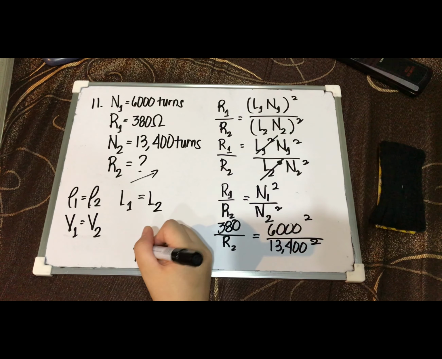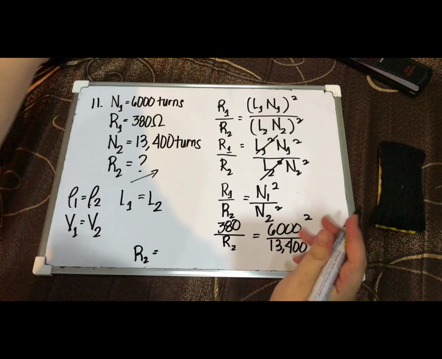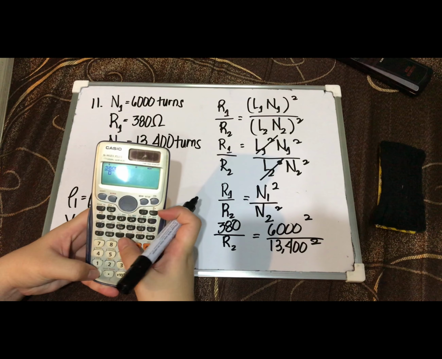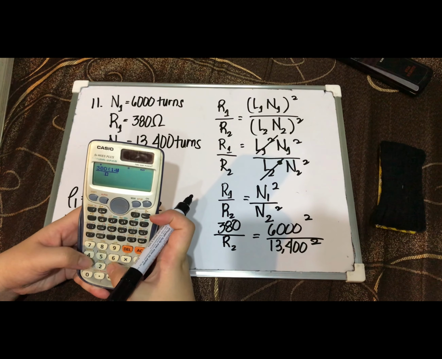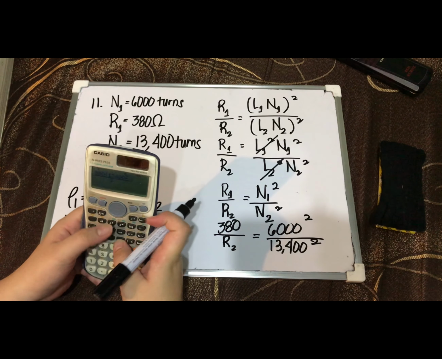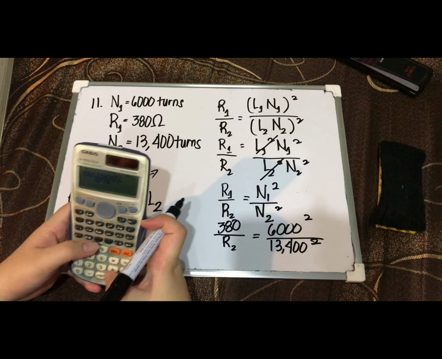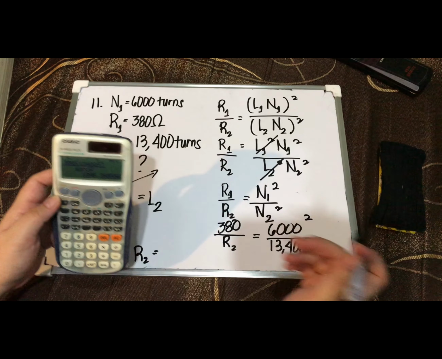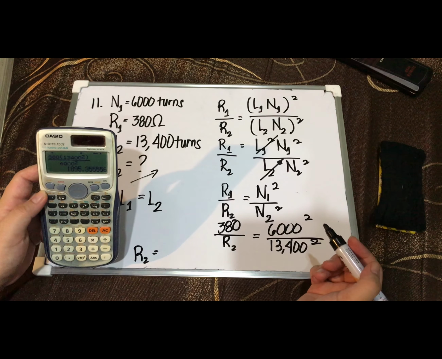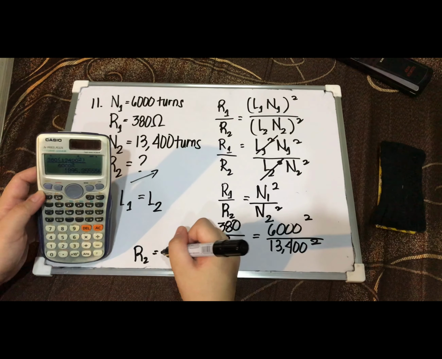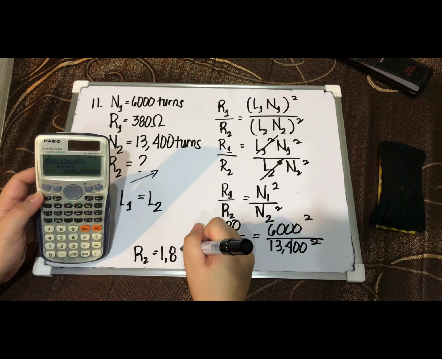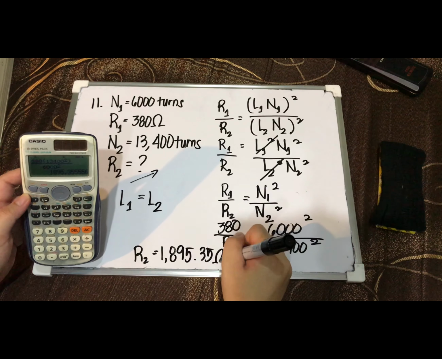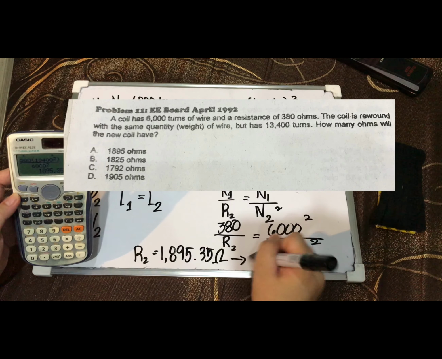Makukuha natin ang value ni R2 na 380 times 13,400 squared over 6,000 squared. So, ang value ng R2 natin ay 1,895.35 ohms. So, from the choices, ito ay letter A.